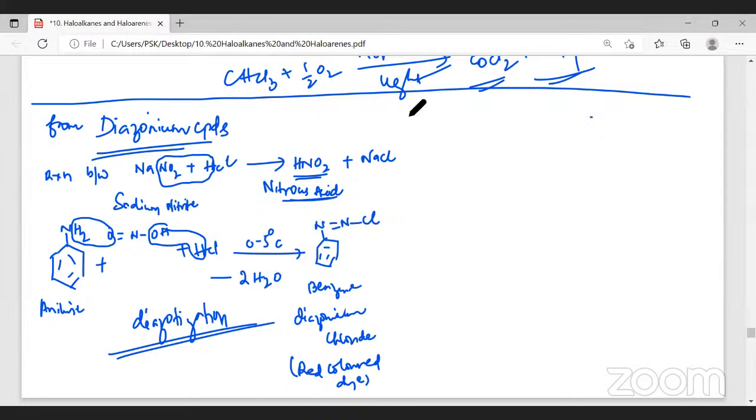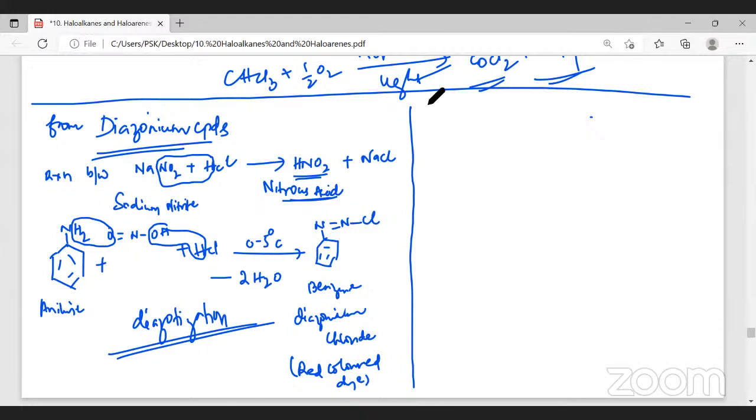Now using this benzene diazonium chloride, we can prepare haloarenes. When this benzene diazonium chloride is treated with cuprous chloride in HCl, cuprous bromide in hydrogen bromide, or potassium iodide, or fluoroboric acid, you get haloarenes.